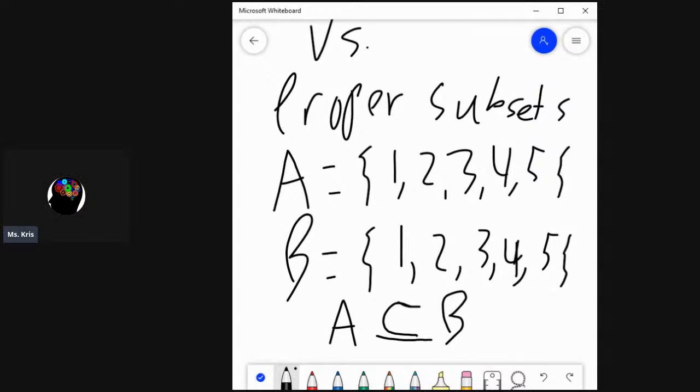And so set A is a subset of B if and only if every element of A is also an element of B. So an equal set can also be a subset between two sets. Also, a set can be a subset of itself if that's the only set that you have.